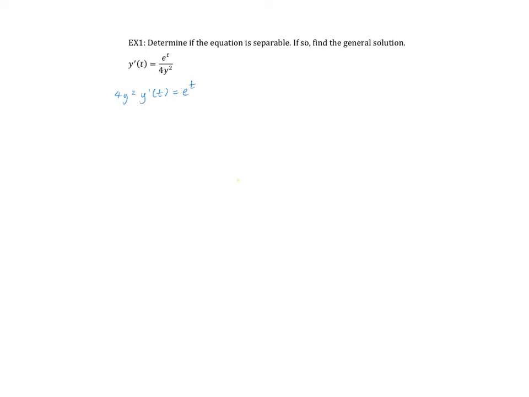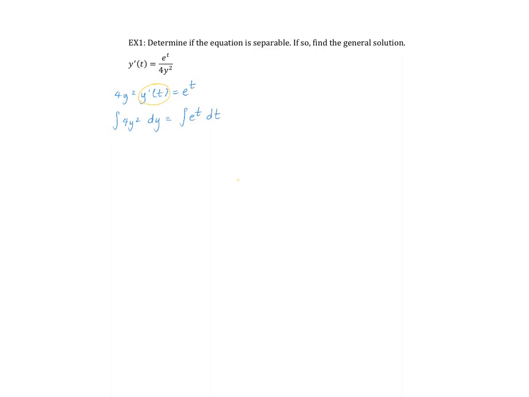So yes, it is separable because I can separate them this way. Now we're going to integrate both sides. But remember that this derivative is going to be replaced with dy. So this is the integral of 4y squared dy equal to the integral of e to the t dt.